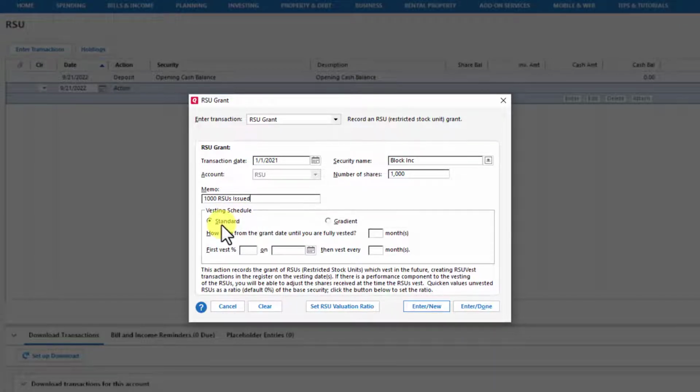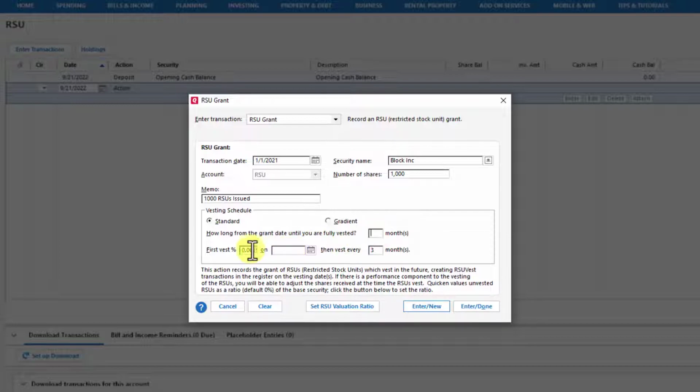The vesting schedule that we were just looking at was every quarter, which would be every 3 months. It was 1/16, or 6.25%, every 3 months, and then it was fully vested after 48 months.